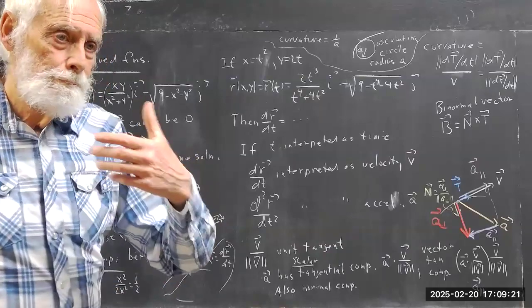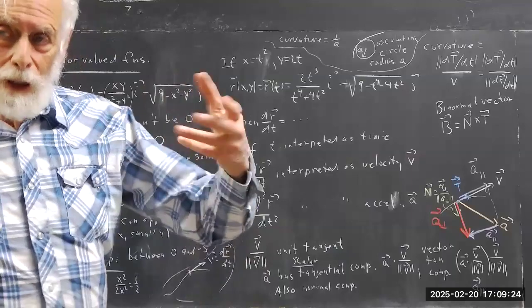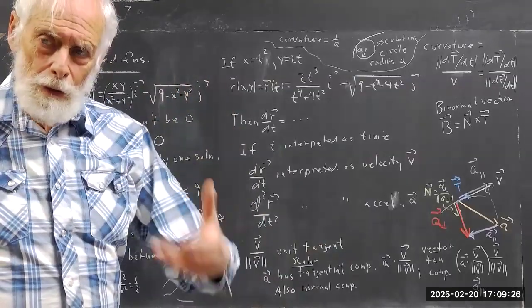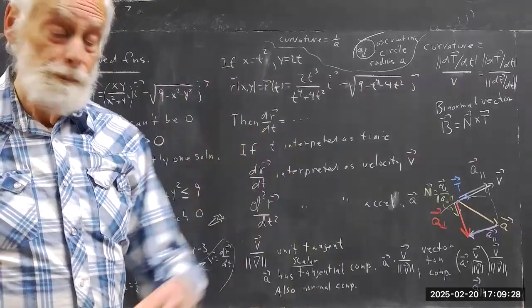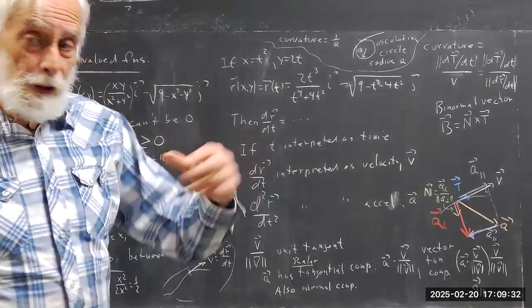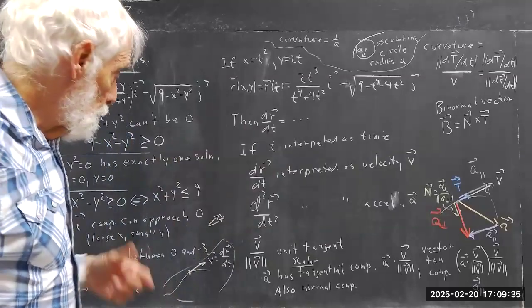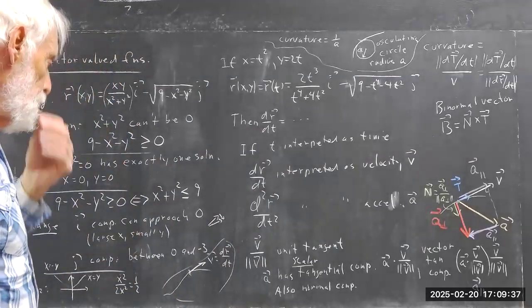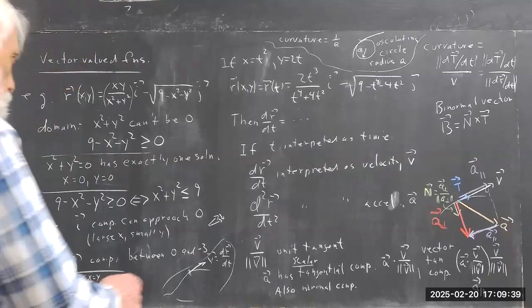That vector divided by the time interval, in the limit, would be our acceleration. In the case of constant speed, that is a centripetal acceleration, toward the center of whatever circle we happen to be temporarily moving along.